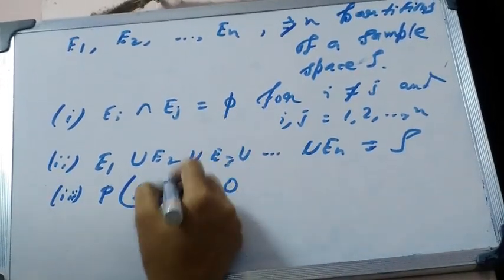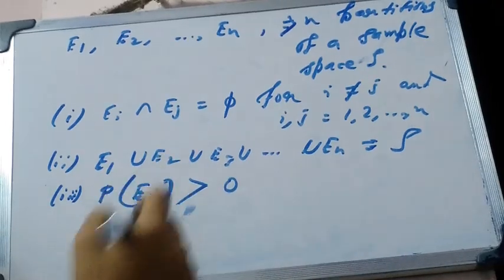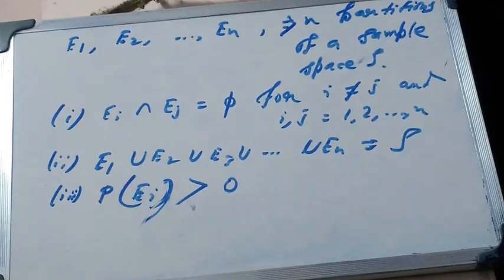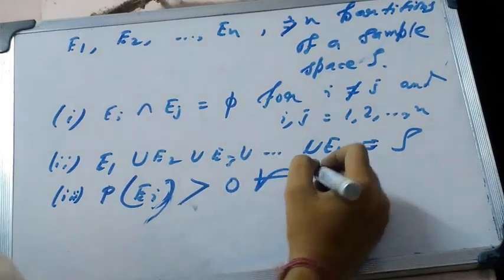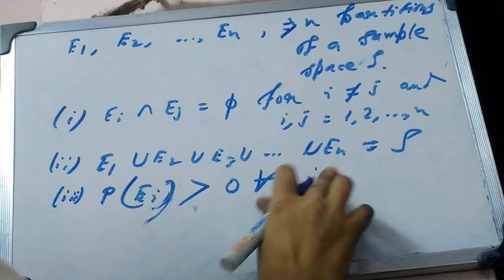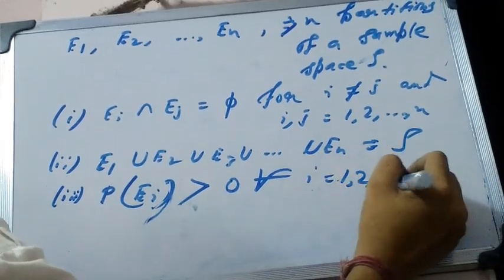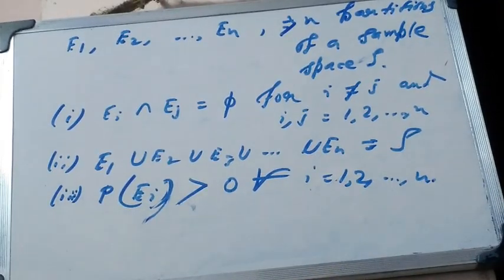It can be 1 also, and obviously less than or equal to 1, because probability is between 0 and 1, for all i equal to 1 to n. So these are the conditions.